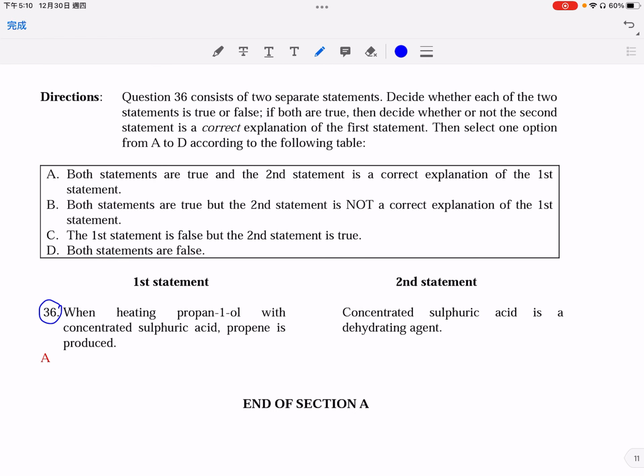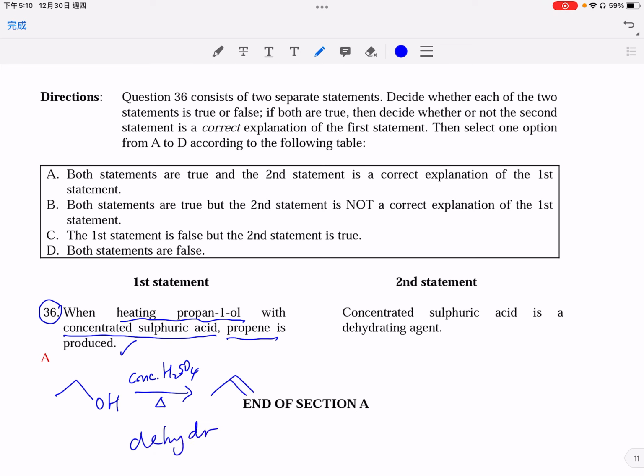Question number 36. Heating propan-1-ol with concentrated sulfuric acid, propene is produced. This is of course correct because when you heat the propan-1-ol in the presence of concentrated sulfuric acid, you produce the propene based on the dehydration.